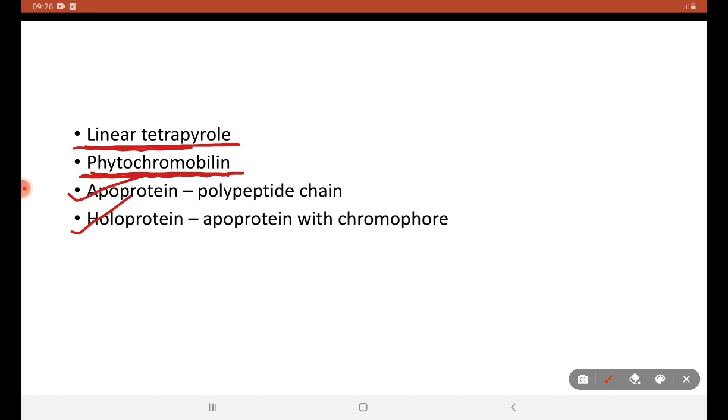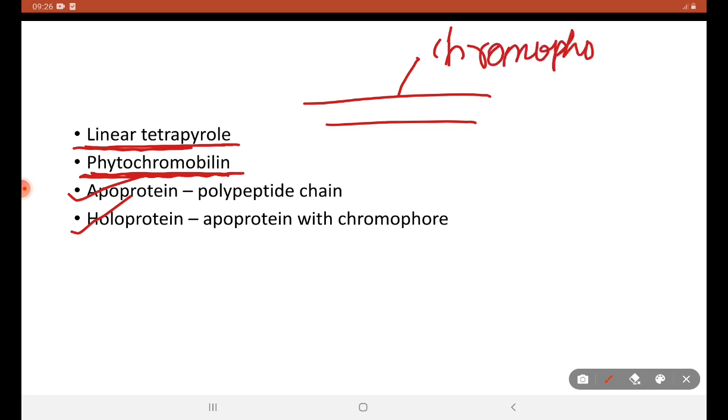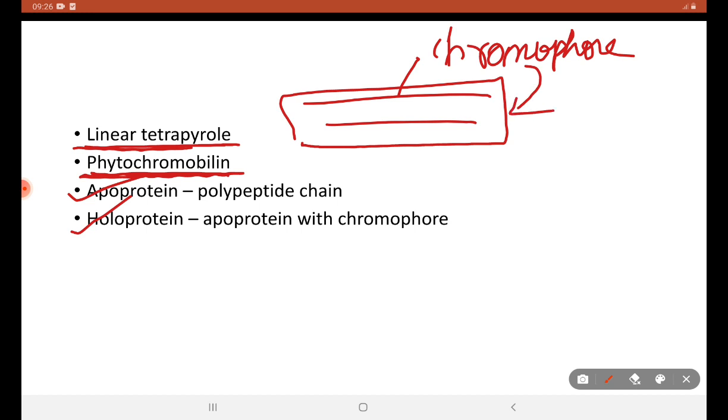Apoprotein is the polypeptide chain. So, these two polypeptide chains are apoprotein. When the chromophore comes to attach with phytochrome, it is holoprotein.